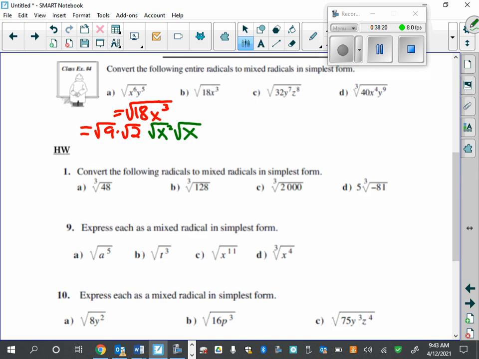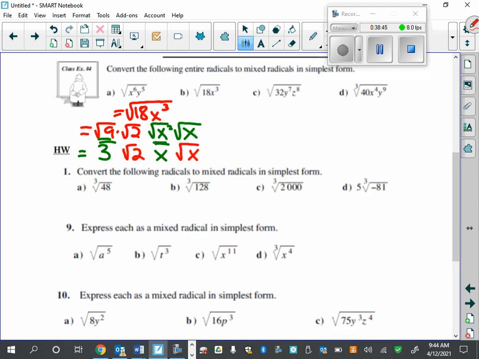Good. Now, let's do the perfect squares. What's the square root of 9? 3. What's the square root of x squared, everyone? What number times itself equals x squared? X. And leave the radicals.